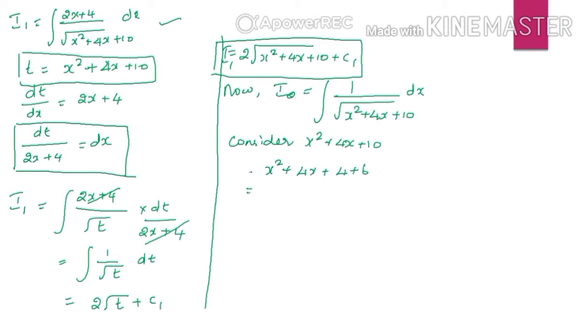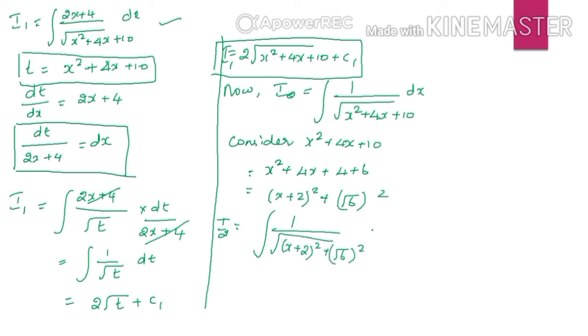We can split 10 as 4 plus 6 in order to get (x plus 2) the whole square, and the remaining 6 we can write as root 6 the whole square. Now I2 is equal to integral 1 divided by square root of (x plus 2) the whole square plus (root 6) the whole square into dx.